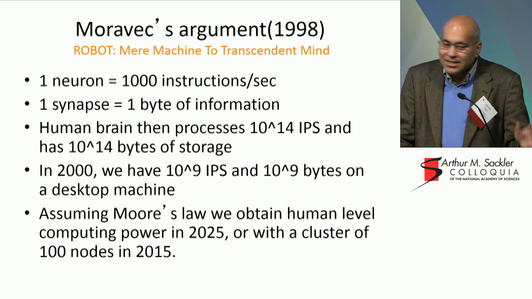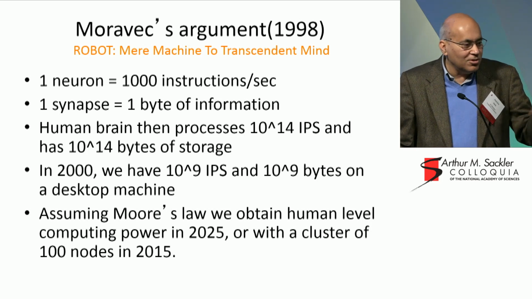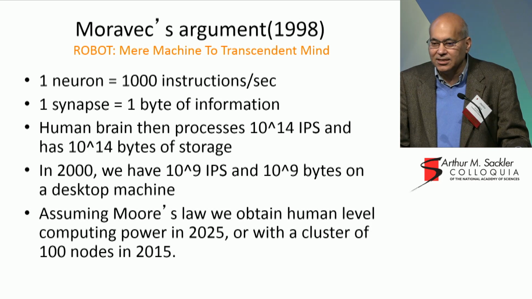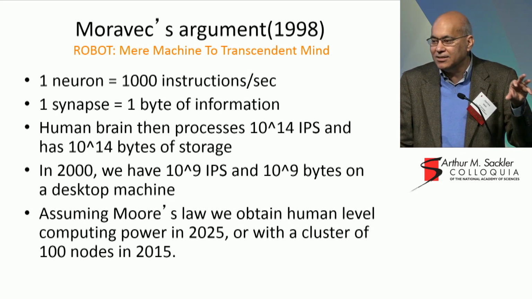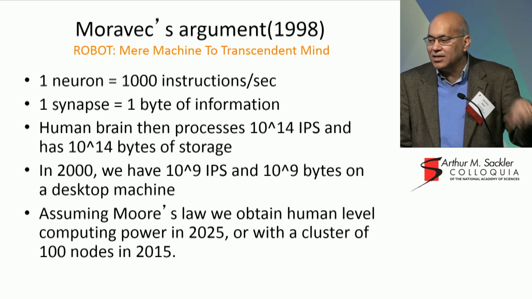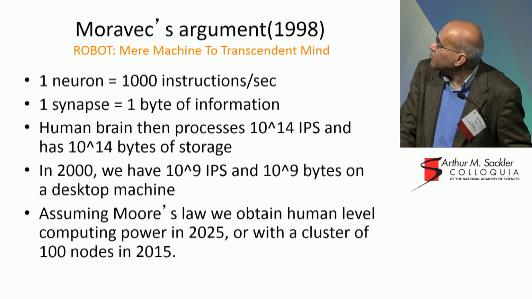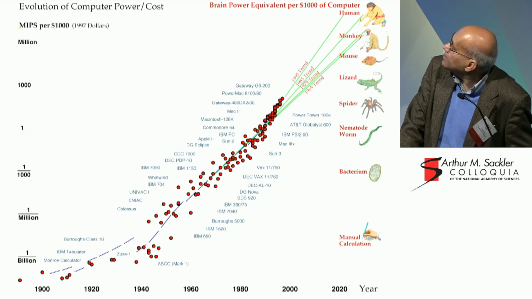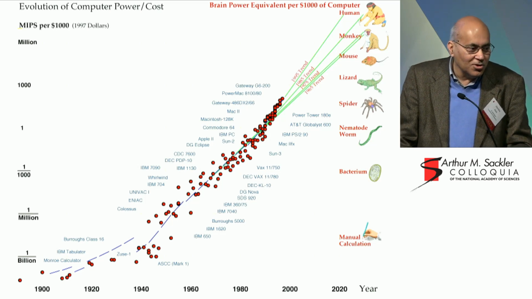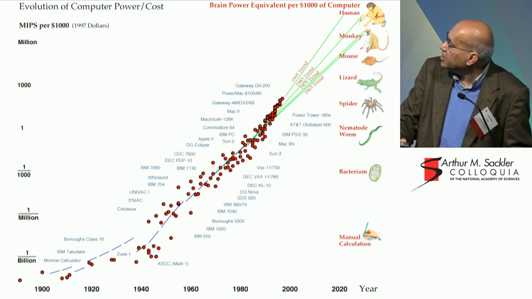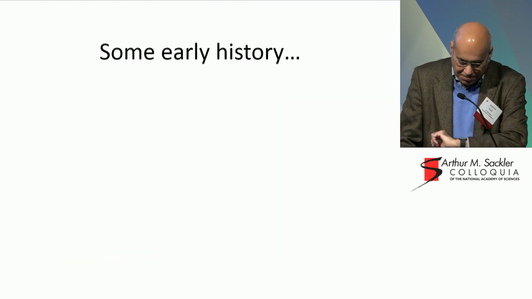And this is about the time when this whole deep learning revolution has hit us. I'm not saying that the availability of computing power is a sufficient condition, but it is certainly a necessary condition for this. And here's a chart from Moravec's book from like 20 years ago, where he had made this projection of how the computing power would be.